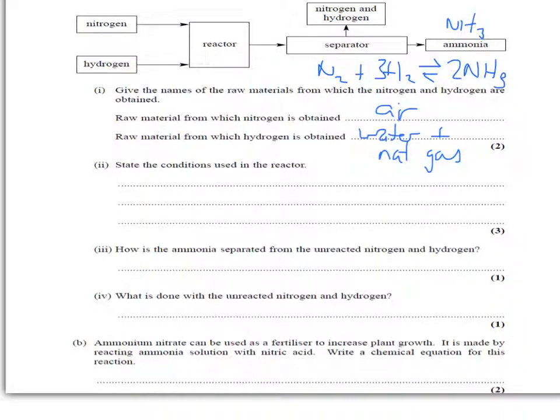And you're expected to know the conditions, so we use 450 degrees C, 200 atmospheres, and a catalyst. And the catalyst we use is iron. Okay, now I'm afraid you just have to learn those conditions. There is a bit of leeway in terms of the temperature and the pressure because it varies in textbooks, but you definitely need to know that it's an iron catalyst. I should really have written catalyst after iron.